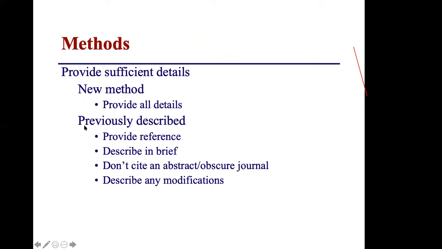If there's a method that has been previously described, we could provide just a reference to that method or describe it in brief, but preferably not cite an abstract of a conference proceedings or an obscure journal which people may not be able to access. Because if they are unable to access the paper, then it's going to be difficult for them to be able to reproduce whatever you've done.